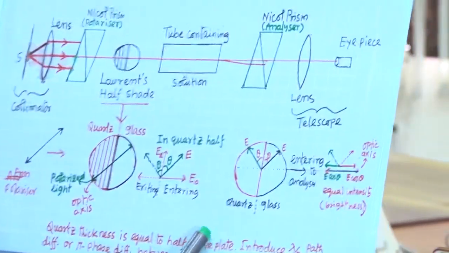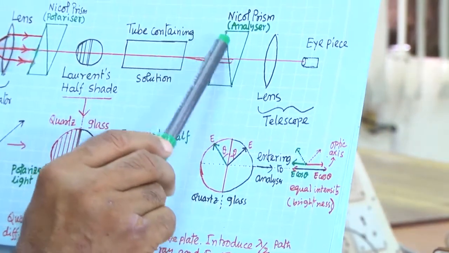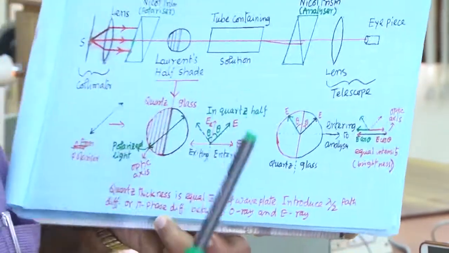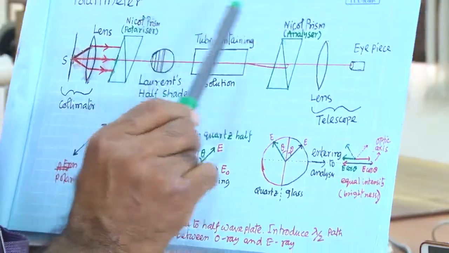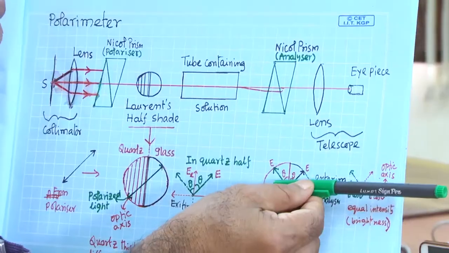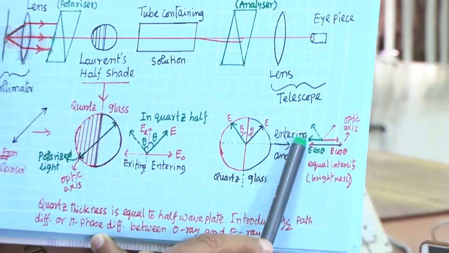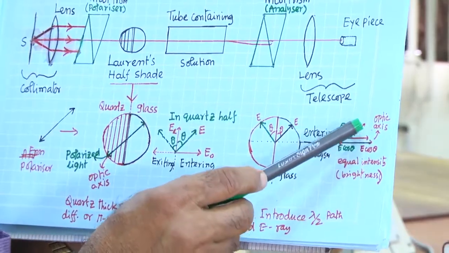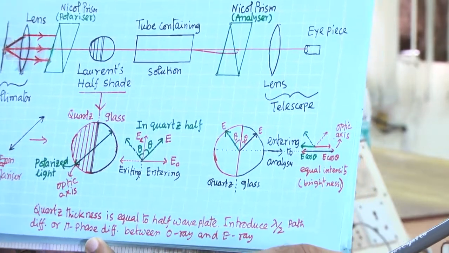What we will do? When it is coming out, it falls on the analyzer. This is the polarizer, this is the analyzer, the same thing, a Nicol prism. Say initially its optics axis is in this direction. So what will happen? The component of this electric component along the optics axis will pass through.